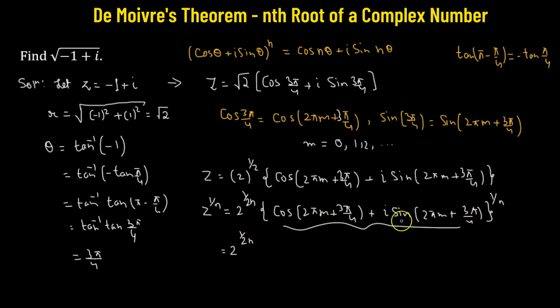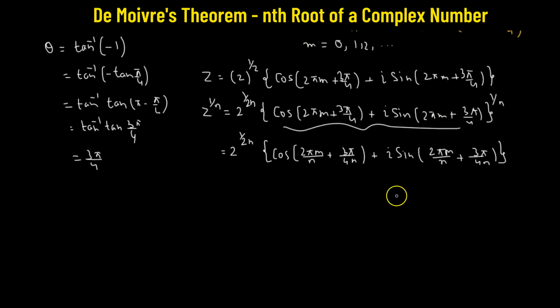Now we will multiply 1 over n to the argument of cosine and sine, which is going to give us cosine of 2 pi m divided by n plus 3 pi over 4n, plus iota times sine of 2 pi m divided by n plus 3 pi over 4n. Now we have the general root of a complex number, or the nth root of a complex number.